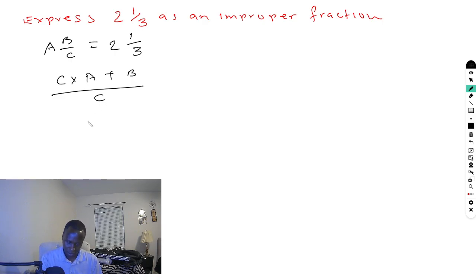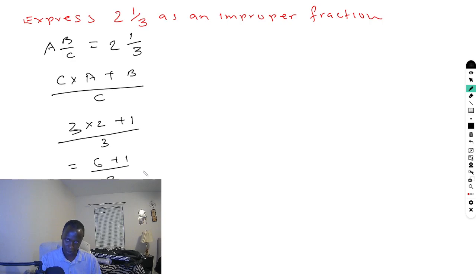In other words, 3 multiplied by 2 plus 1, over the denominator, which will be 3. Therefore, this will be 6 plus 1 over 3.